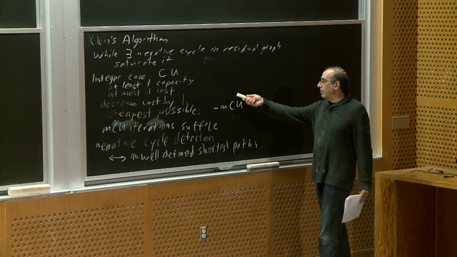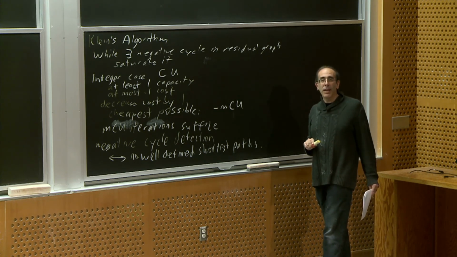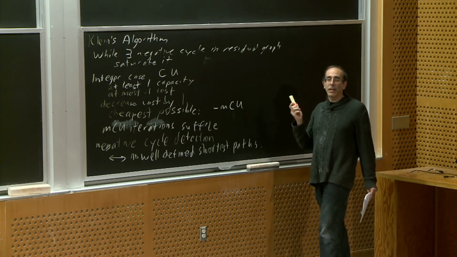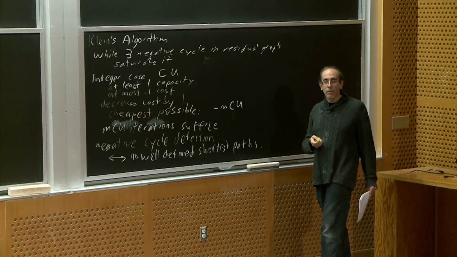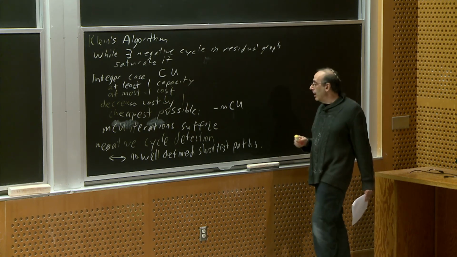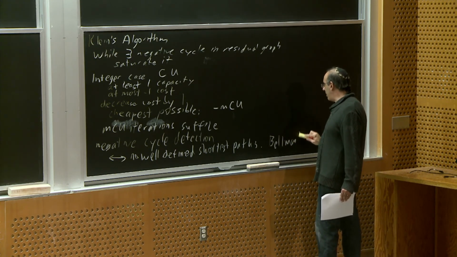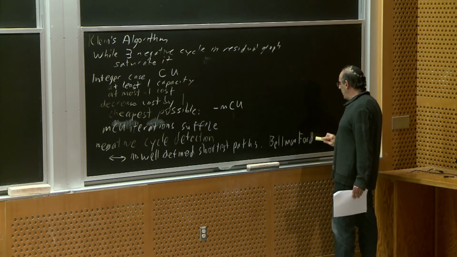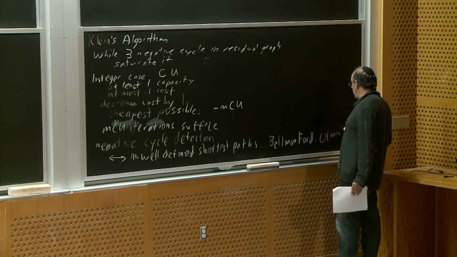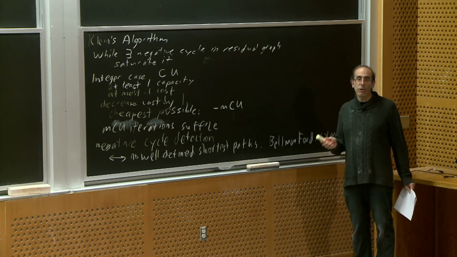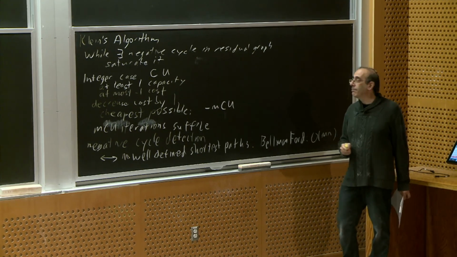However, remember that we're talking about graphs with both positive and negative edges. So the obvious candidate, Dijkstra, doesn't work because Dijkstra only works for positive edges. But you can use Bellman-Ford, a well-known algorithm for shortest paths. And it has a running time of order mn to compute shortest paths, but also to detect a negative cycle.